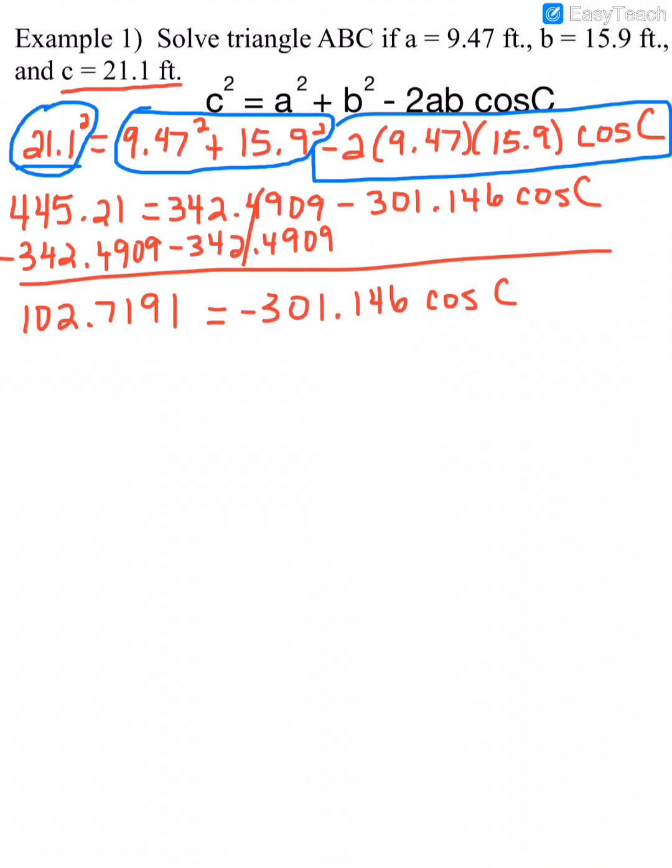To get C by itself, to get rid of that negative 301.146, I need to divide both sides by negative 301.146.